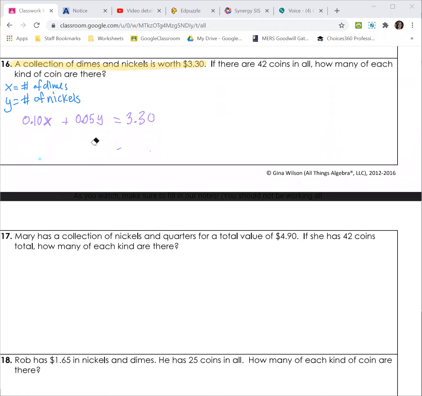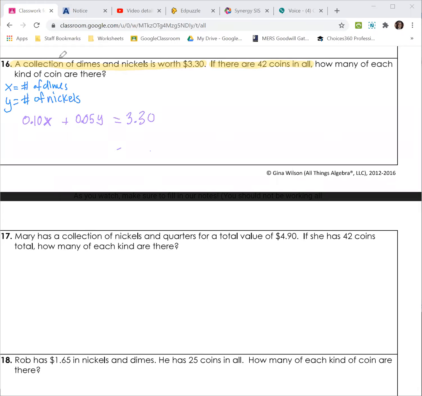Whenever you're creating a cost, or here it's how much money you have, not a cost, you'll always be multiplying the worth times the amount that you have. My next clue, these clues are always the easiest. If they tell you how many in total you have, they have 42 in total.